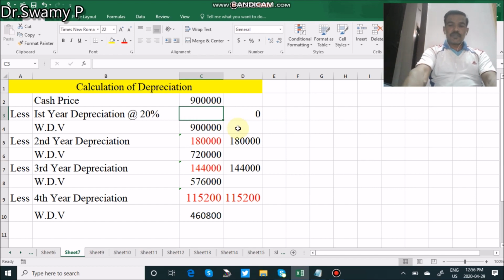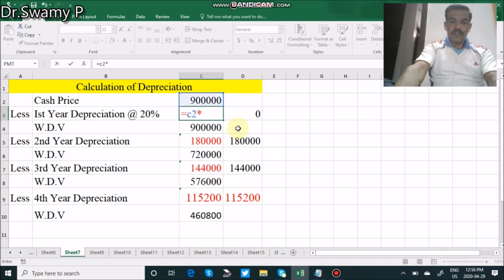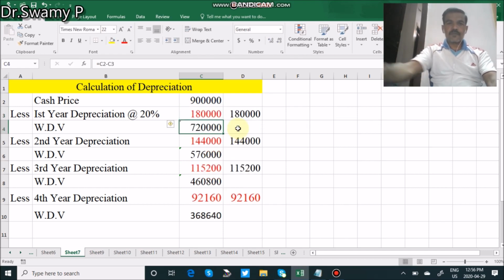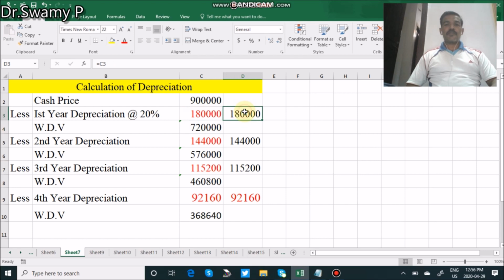I will just show how to calculate first year depreciation. Cell C2 into 20%, 0.2. Now I have calculated first year depreciation and put the same depreciation outside, and this depreciation amount is linked to the journal entries and ledger accounts automatically in the next sheet.